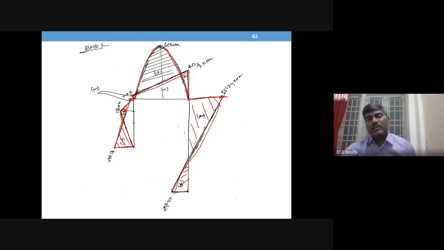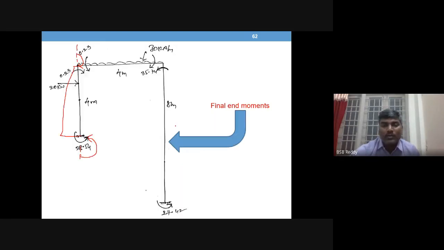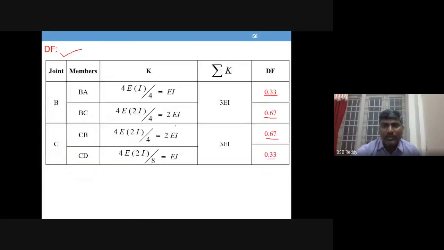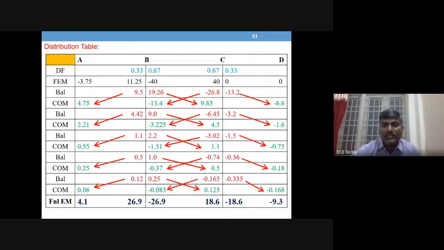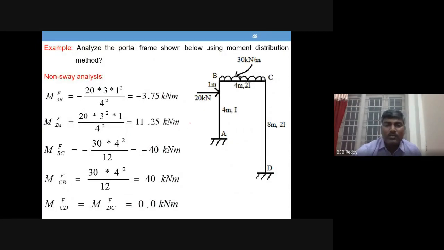Okay, so that's how we perform sway analysis. Just to recap once again, you are going to solve the frame by separating non-sway analysis and sway analysis. First perform non-sway analysis, assuming some support at the beam level so that the frame will not sway. Then go for moment distribution and find the S value, which is the support reaction, meaning how much force is required to stop sway.